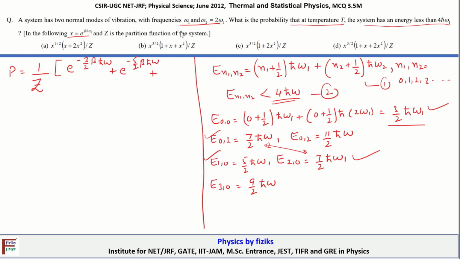Now for 7/2 we have two values, so we put a degeneracy factor of 2 here, and then exponential minus 7/2 βħω.